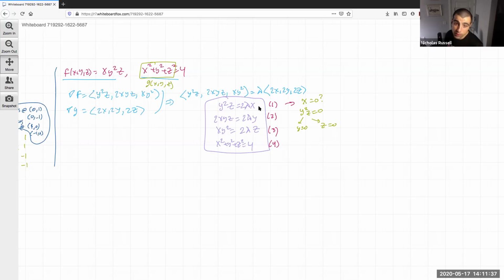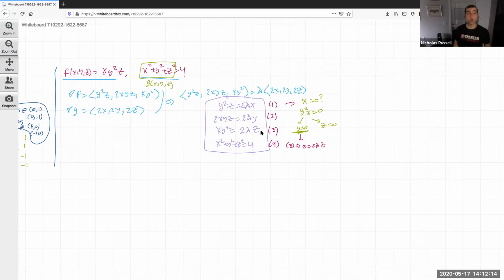Now, if I do that, does anything else fail here? If y is equal to 0, this means that z would have to be equal to 2, or -2. Now, does this make sense? Well, if I actually solve this out, it wouldn't make any sense. In equation 3, I could find that 0 is equal to 2 lambda z.